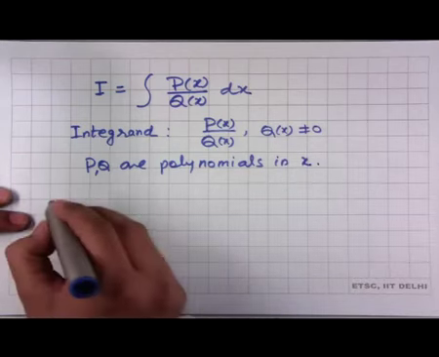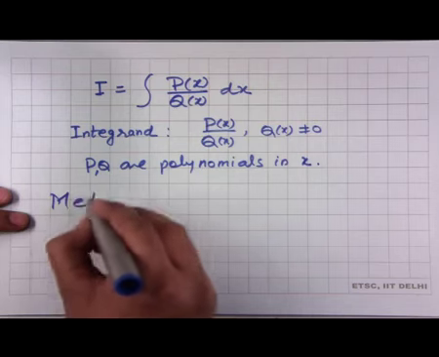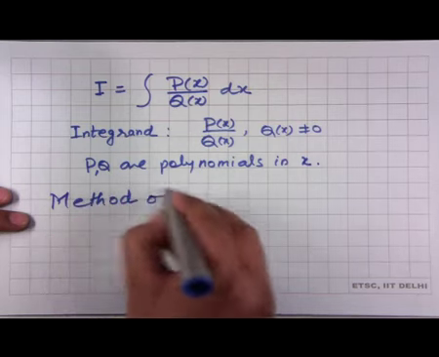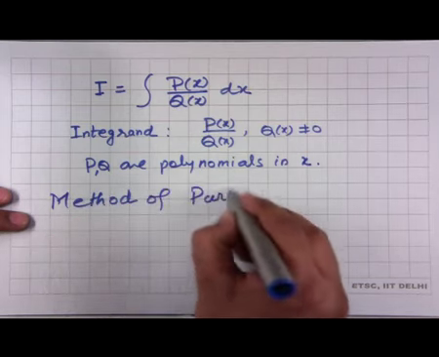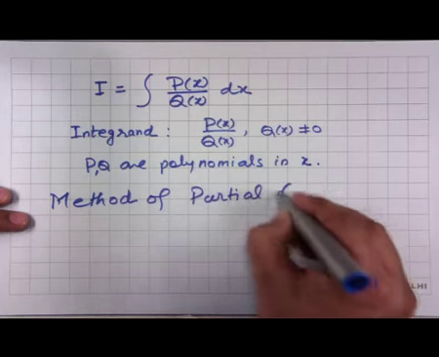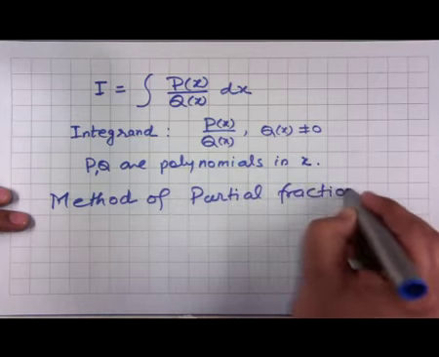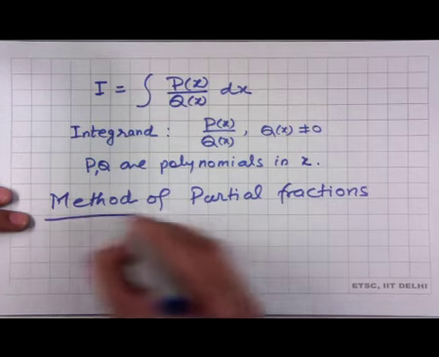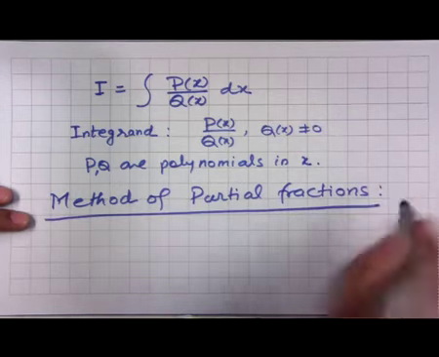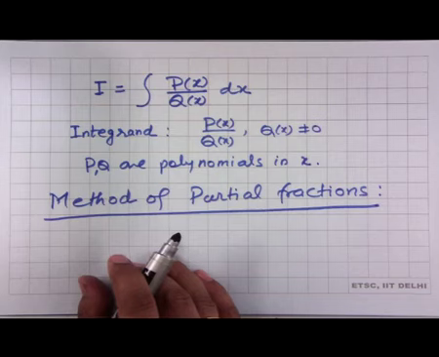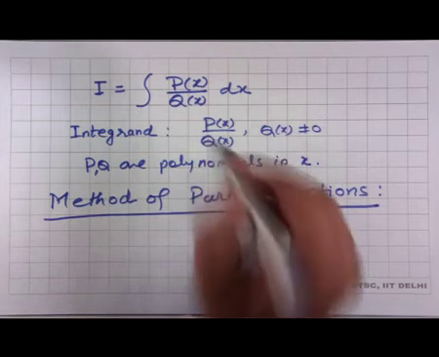So, in order to use the method of partial fractions, we shall assume certain specific forms on these P and Q.